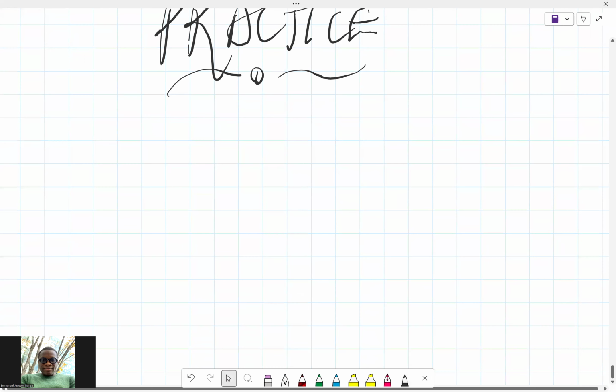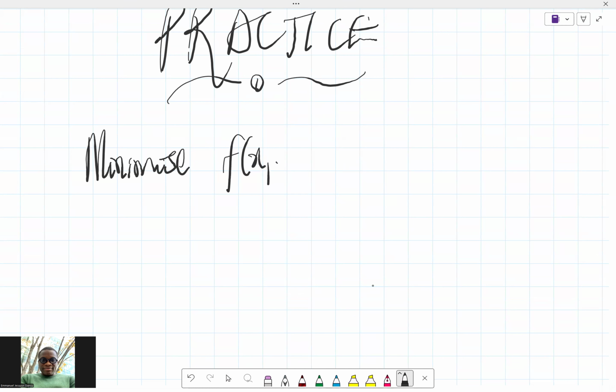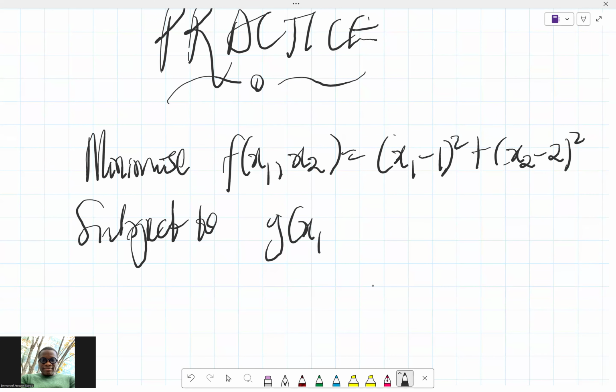So let's look at this. Just one question, I think. We want to minimize f of x1, x2 equals x1 minus 1 squared plus x2 minus 2 squared, subject to g of x1, x2 equals x1 plus x2 minus 3 is less than or equal to 0.